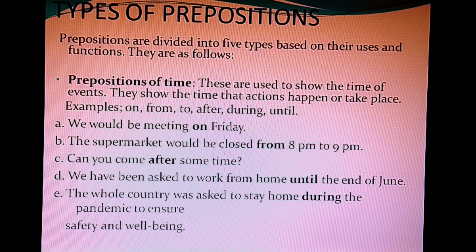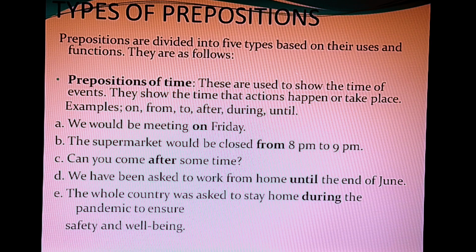Remember, the last use of prepositions that talks about establishing spatial relationships, nouns, verbs, and the rest. That is the minor type of preposition. So we have 5 types of prepositions. 4 are major, while 1 is minor.